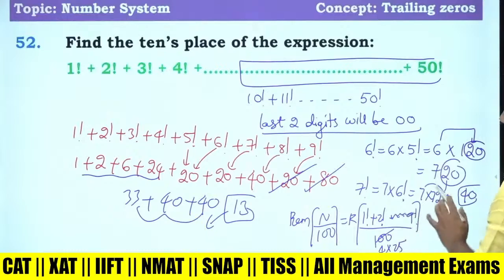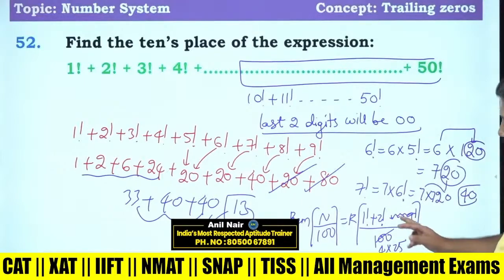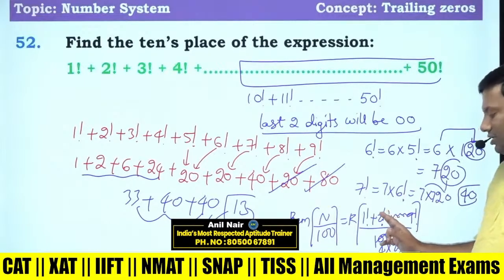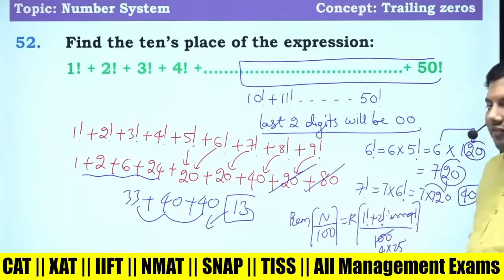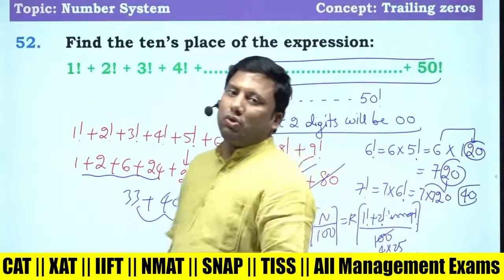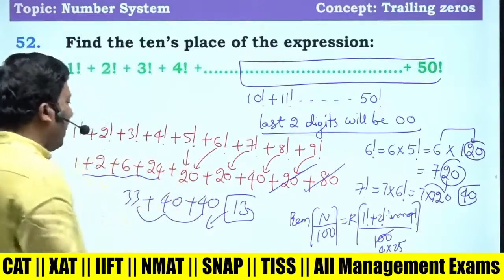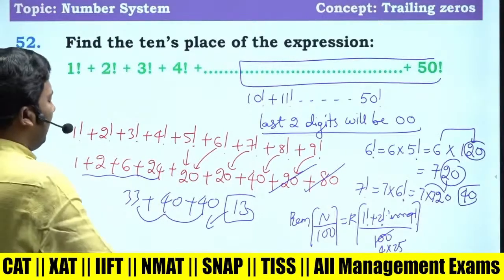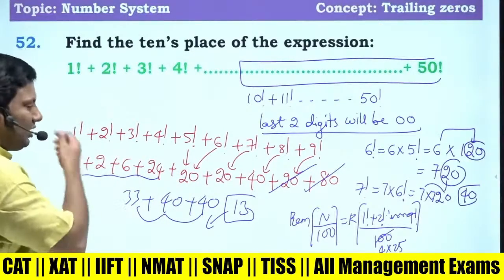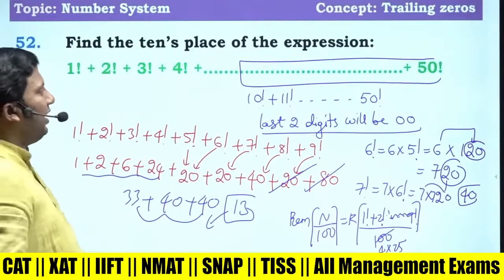Till 4 it is perfectly divisible. 3 factorial, it is 6. 2 factorial 2. 1 factorial 1. 6 plus 2 plus 1, 9. 4 twos are 8. Remainder is 1. Answer when divided by 4 should give a remainder 1. Like that also you can do. I hope the idea is clear.